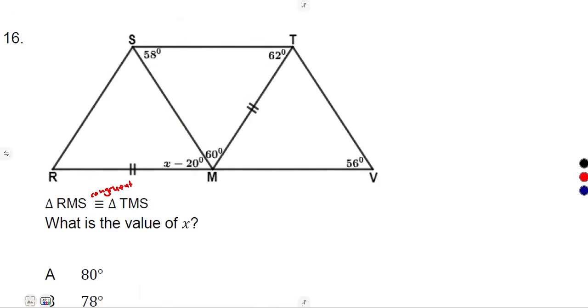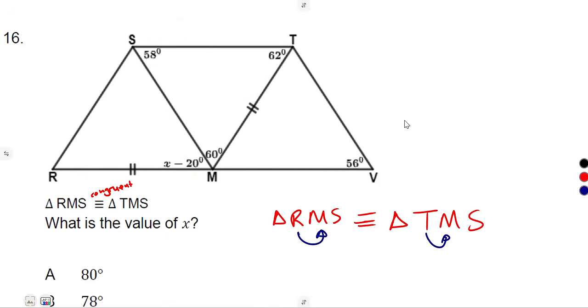Remember, from congruent figures, I just want you to see something before we answer the question, guys. Our understanding there is very important. They are exactly the same. RM is equal to TM, corresponding sides.